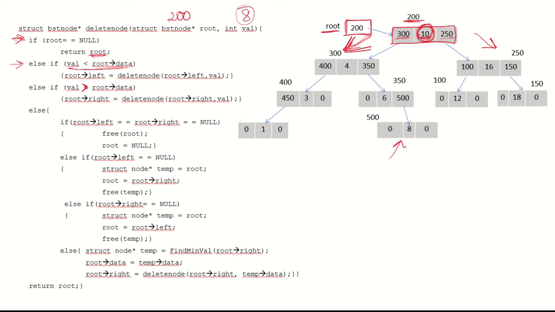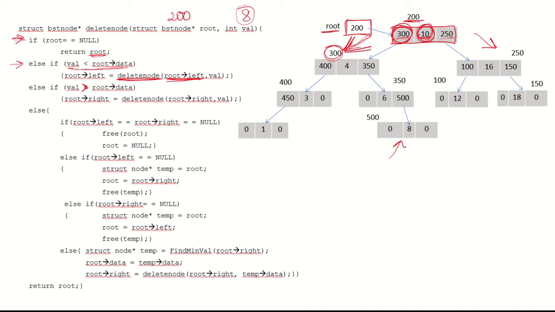Now if we have to traverse the left subtree, we will have to give the address of the left child, and this address is available in the left pointer of the root node. So we will pass on this address, and there will be another call to this function. So it is a recursive call, and now root arrow left, which is giving us the pointer to the left child, will be sent as a parameter to this function.